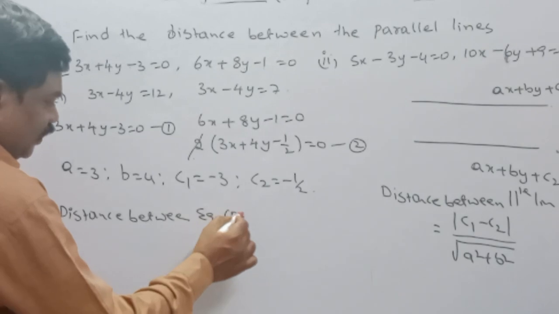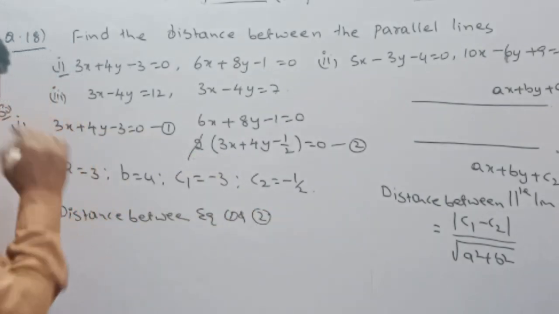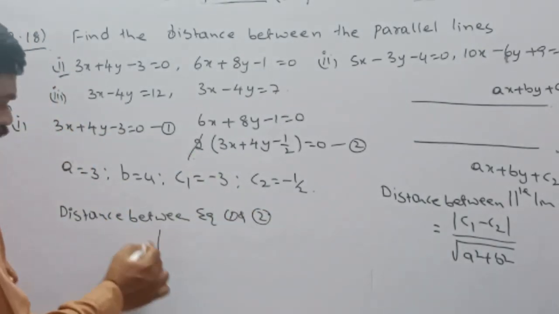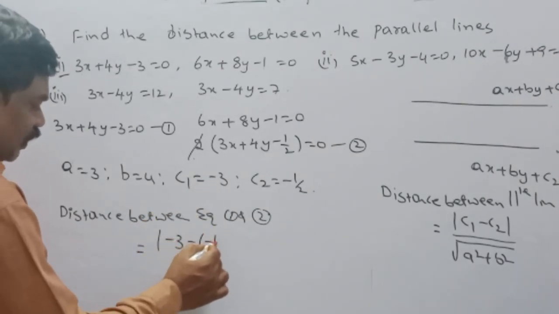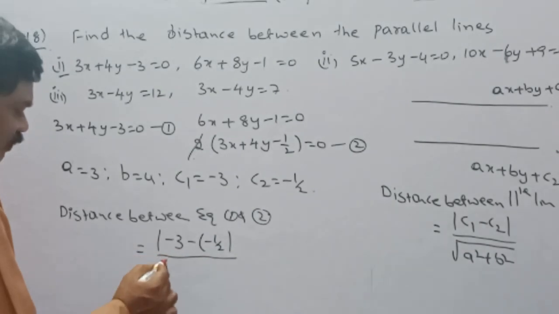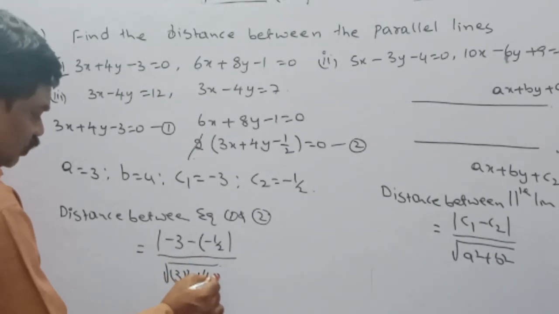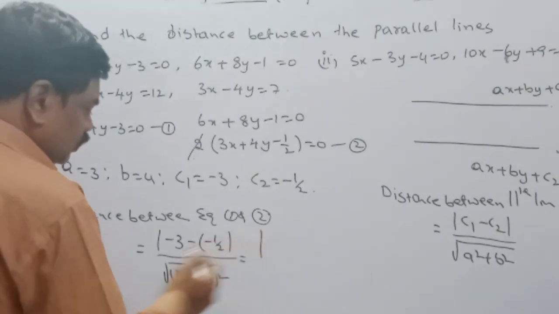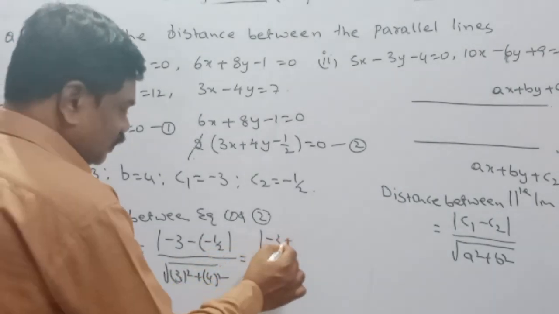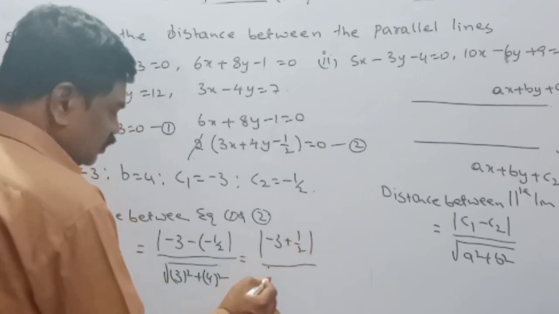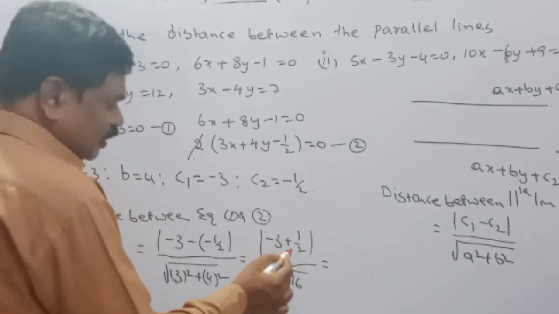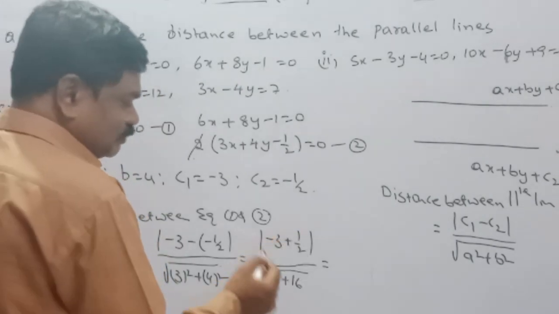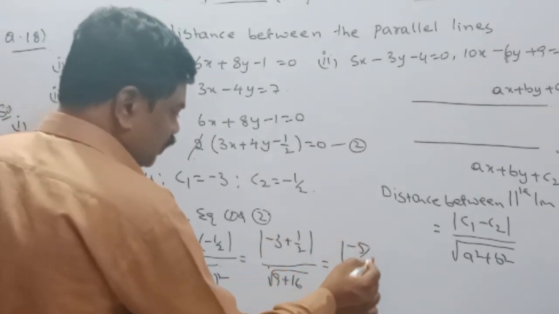Okay, all of you, the distance between equation 1 and 2 is equal to modulus of c1 minus c2, that is -3 minus of -1/2, by root over 3 square plus 4 square, equal to modulus of -3 + 1/2 by root over 9 + 16. Here LCM is 2: (-6 + 1) = -5 by 2.